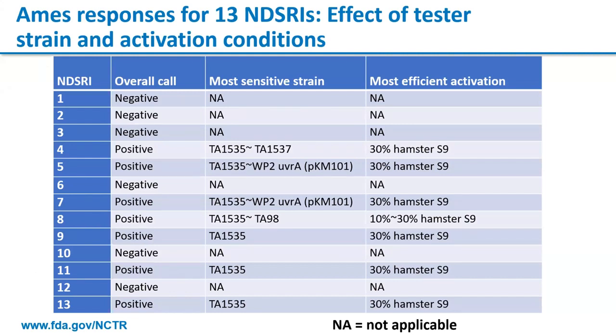So here are some big picture results from 13 of the NDSRIs that we've screened in our Ames testing. I've coded them for this presentation. 7 were positive in our Ames screen. 1 was direct acting, NDSR8, but S9 increased its activity, and the direct acting activity and the S9 mediated activity were in different tester strains.